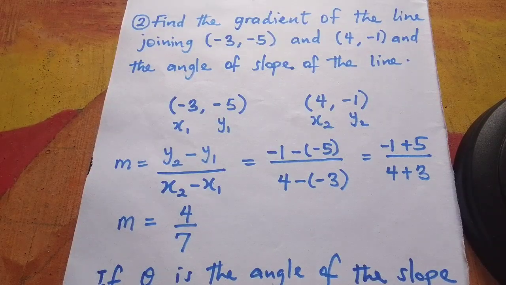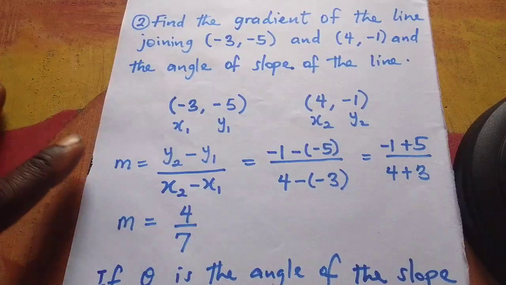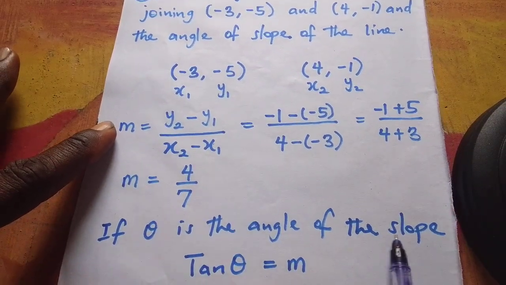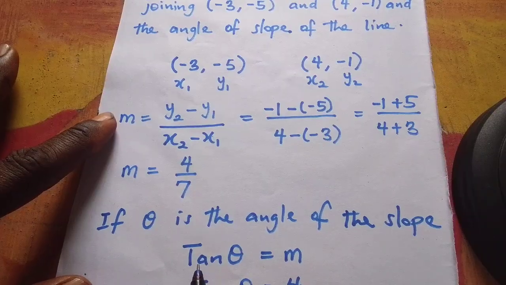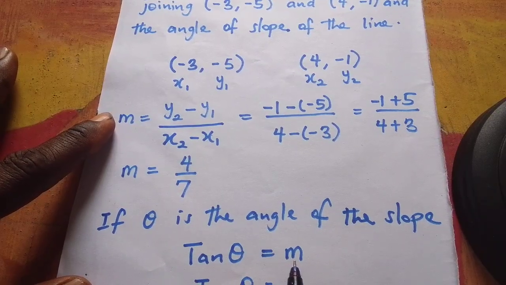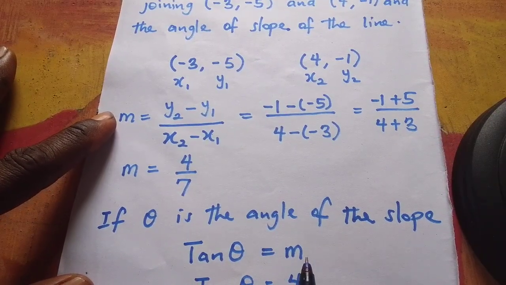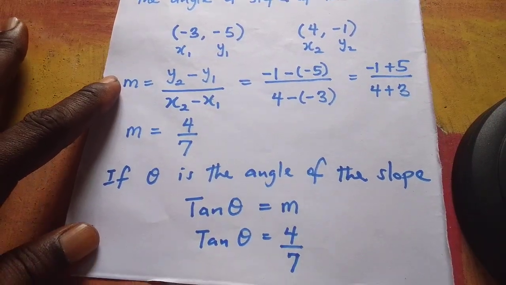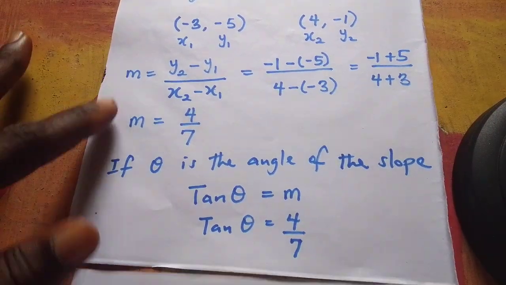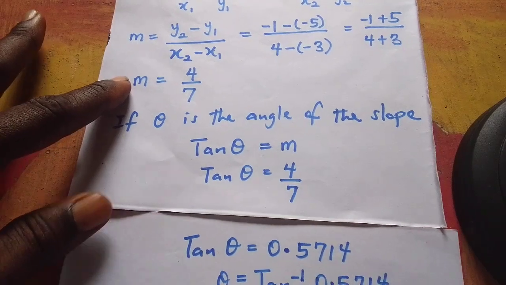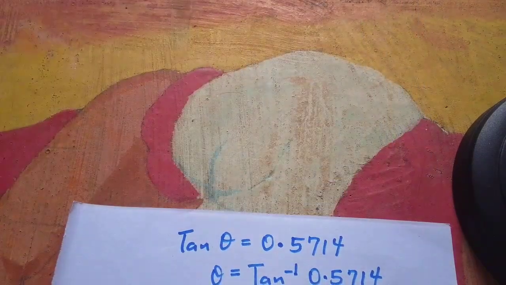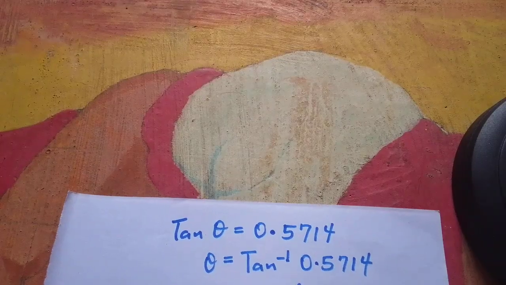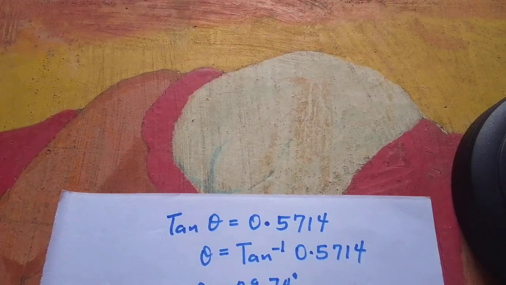Now we are also told to look for the angle of the slope of the line. If theta is the angle of the slope of the line, that means tan theta is equal to m, that is the slope. So tan theta is equal to 4/7, which is the same thing as 0.5714.